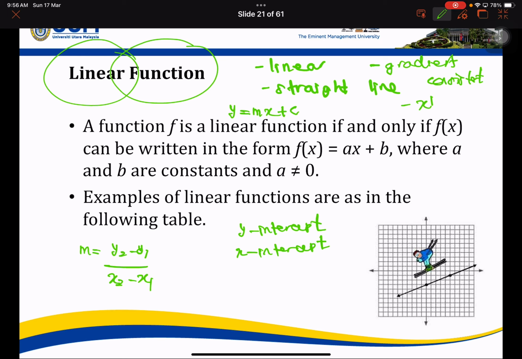What else do we have? Come on. We need a graph, straight line graph. Okay. Straight line is a graph, okay. X, Y exists, X exists, yes. Sometimes, have you seen this form?